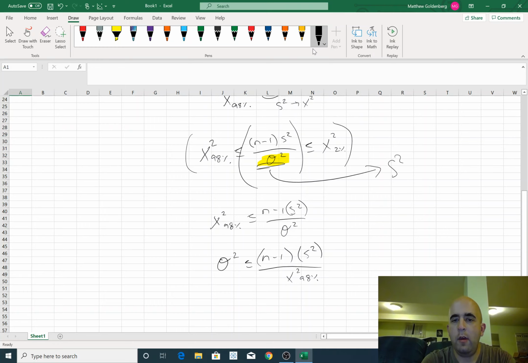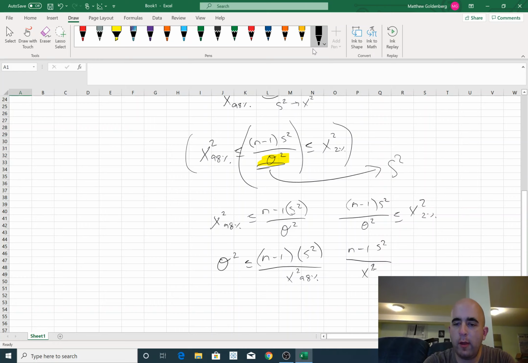Now, you get n minus 1 s squared over theta variance is less than or equal to chi-squared 2% to the right. Or you flip them, it's n minus 1 over chi-squared 2% to the right is equal to the population variance we're predicting.